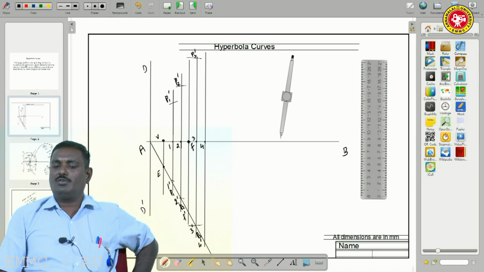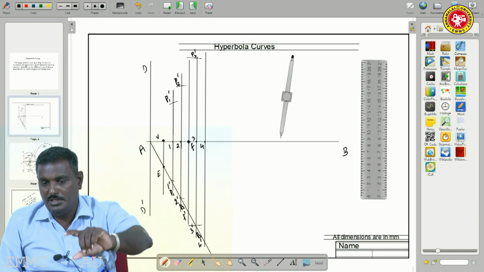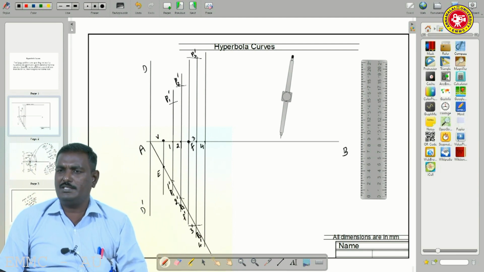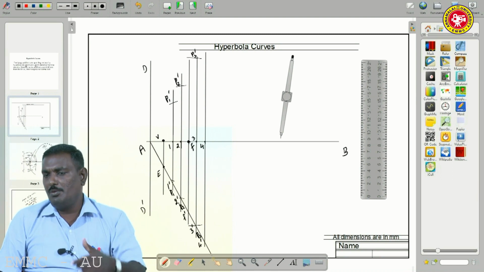In similar fashion, what about the distance F dash? Below, there is no problem, because there is an external line and measured point of F dash, but above there is none.